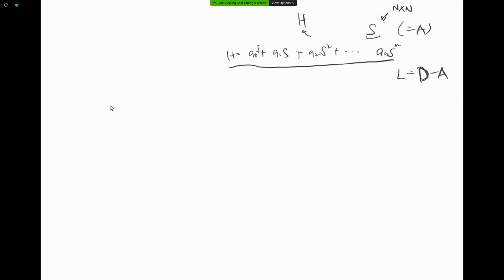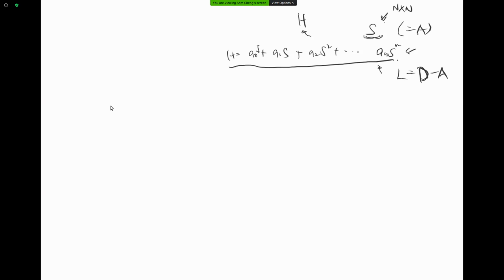S itself by definition is a local filter, and S to the power n can be implemented distributively by repeatedly applying S n times. Then we just add all of this together. Yeah, this is fine, but as you see, this has quite a few limitations.